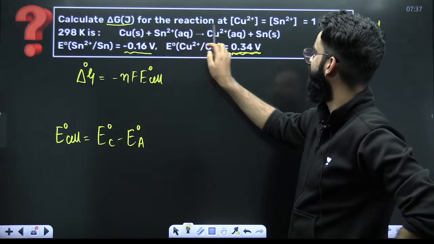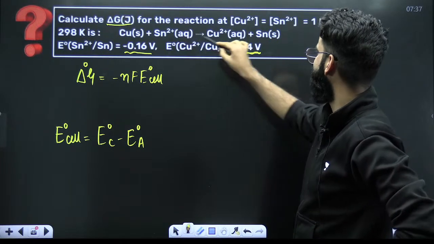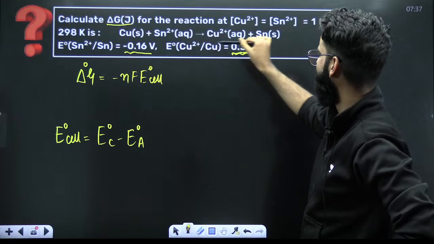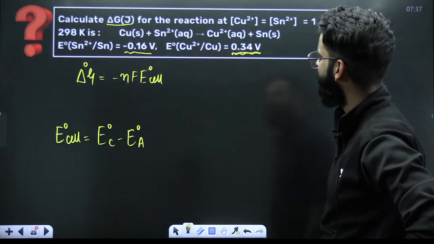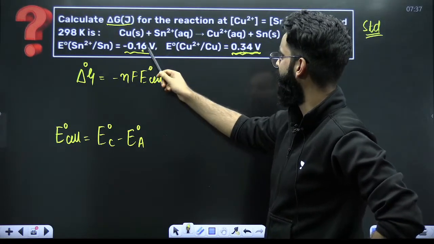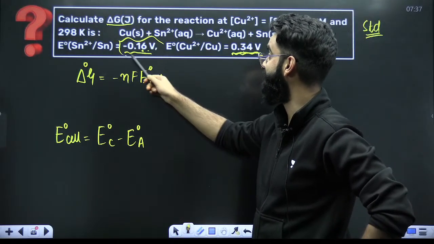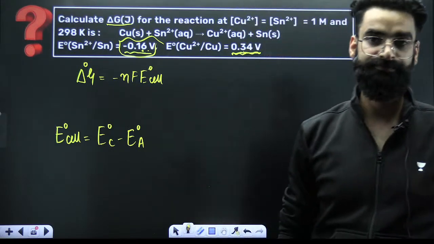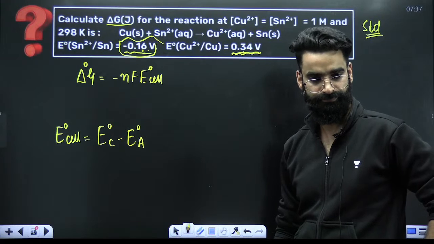See, copper is getting converted into copper two positive, so copper has to undergo oxidation, and tin is undergoing reduction. If this Sn two positive has to undergo reduction, its SRP should be more, right? But here it's mentioned as less. So it's a wrong question basically. The values are wrong.